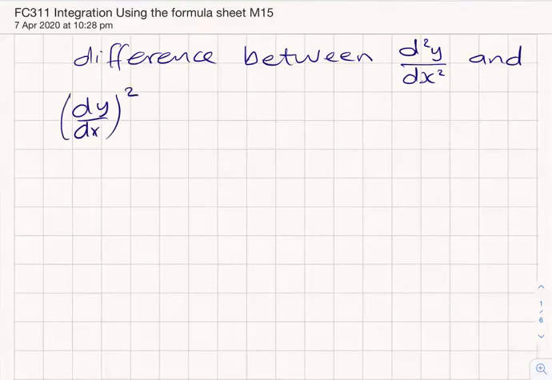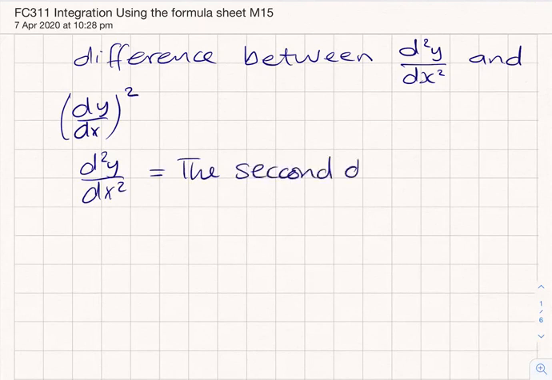The first one, d squared y over dx squared, means the second derivative. That means you derive something and you derive it again.